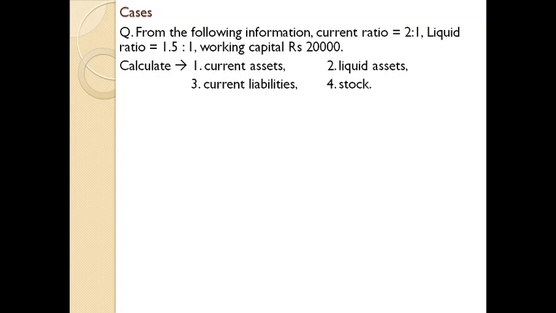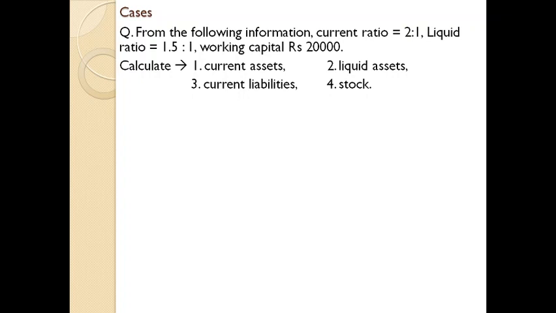Whenever you get a question like this and you are aware of the equations relating to the data given, just go for an item which depicts an amount form. In this case, current ratio is 2:1, liquid ratio 1.5:1, and finally working capital, that is 20,000.